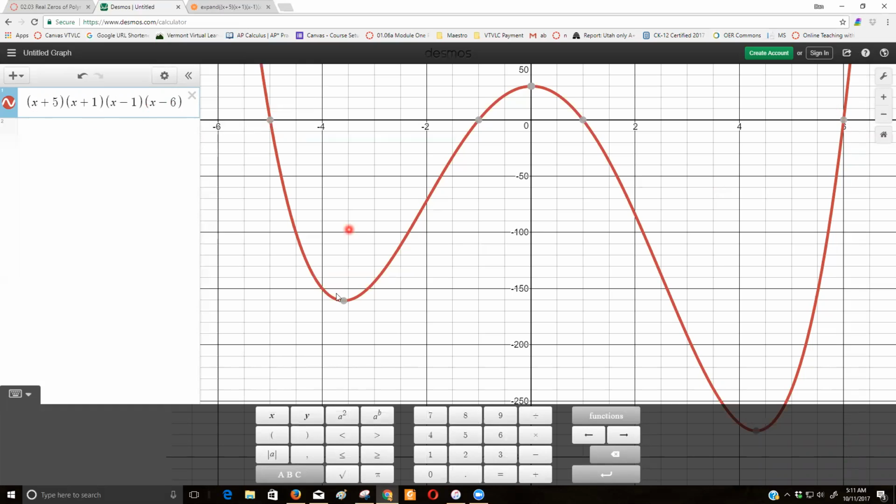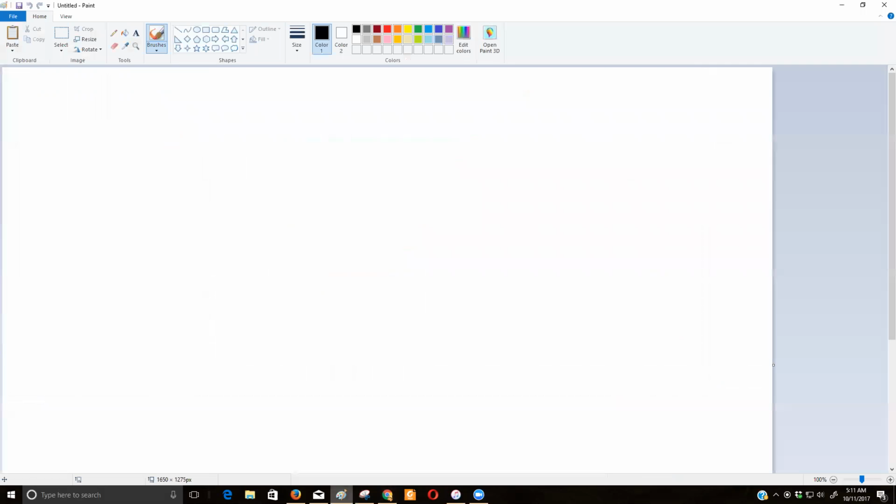So how does this upper and lower bounds test work? I expanded out that function. Let me turn off the spotlight so we don't need that. Actually, I'm going to come back to pointer. Here we go.